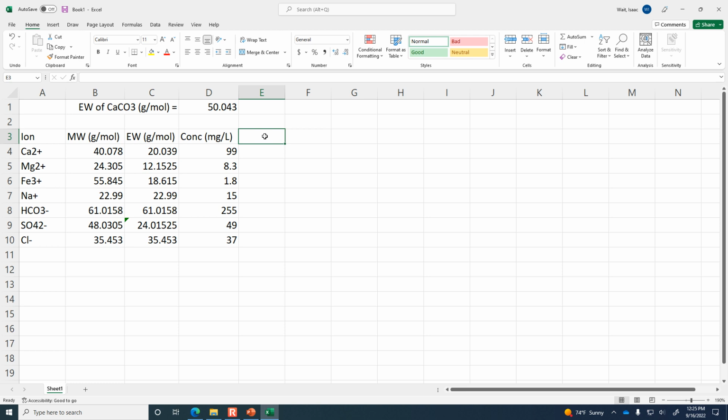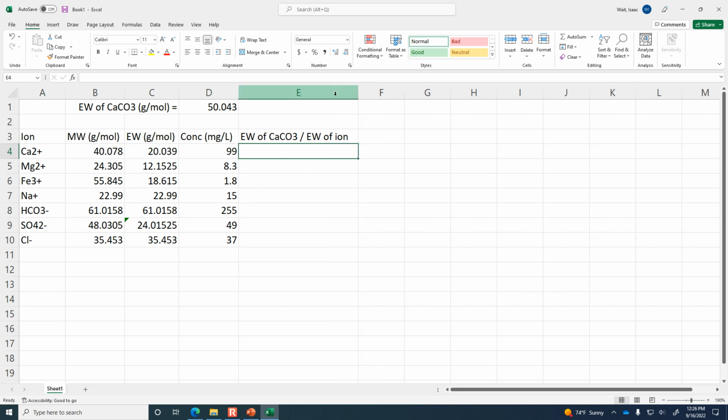Let's create a column that is the ratio, the equivalent weight of calcium carbonate to the equivalent weight of ion. So this is going to tell us the multiplier we use to convert from the concentration to as CaCO3. So the equivalent weight of calcium carbonate is 50, and I'm going to anchor the reference there because as I drag this down through each successive row, I always want it to look up here at this location to use in the numerator of the ratio.